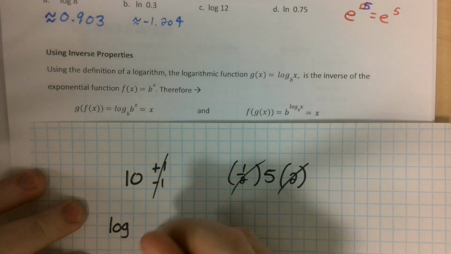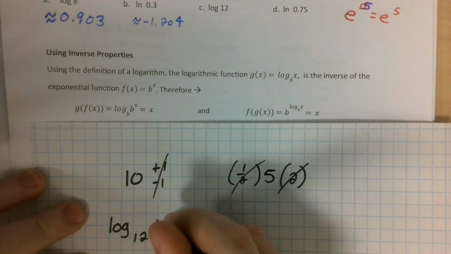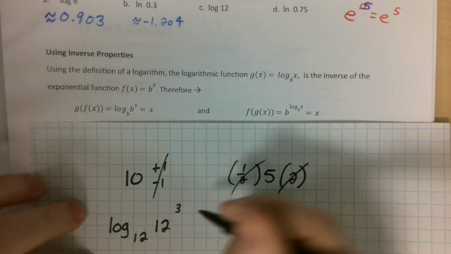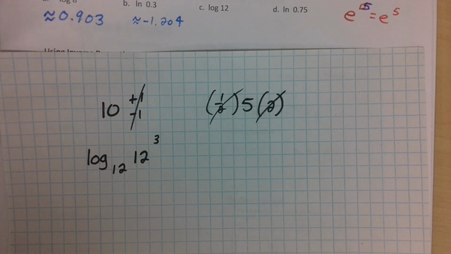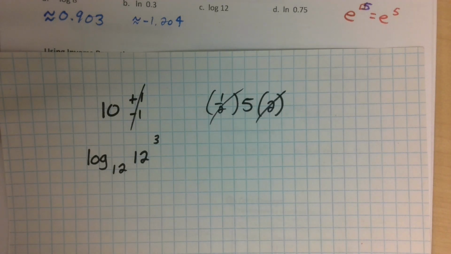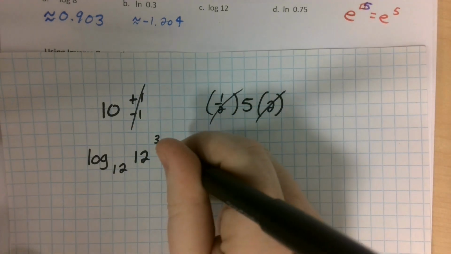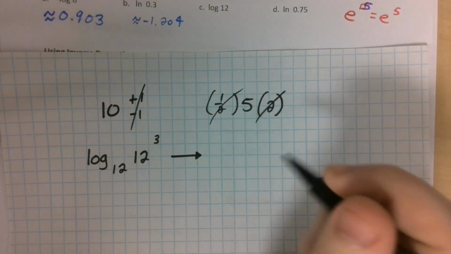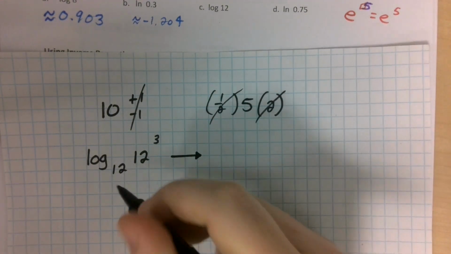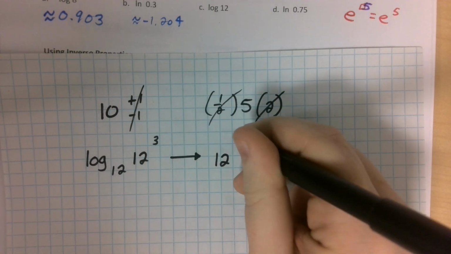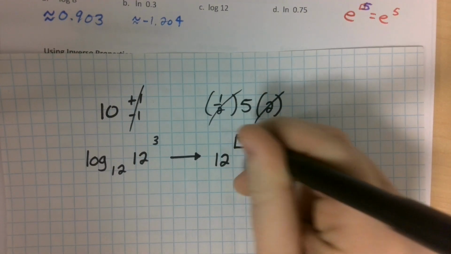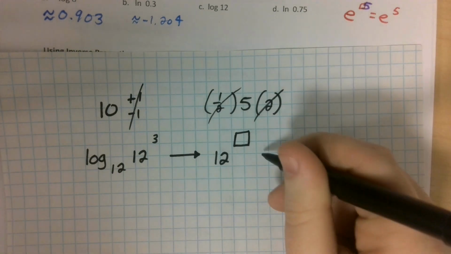Let's say I took log base 12 of 12 to the third power. This is very similar to an example that we've already done. Let's first write it out as an exponential so it's a little bit easier to understand. The base is 12, so 12 to the something power, because we don't know what it equals.